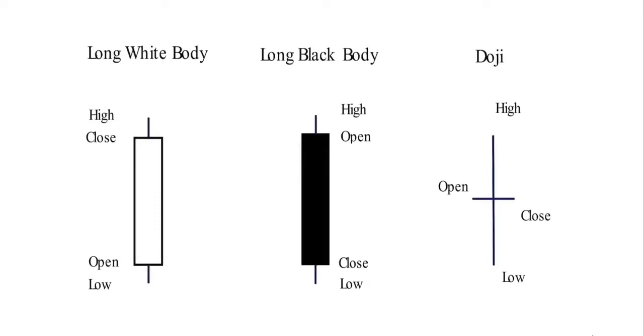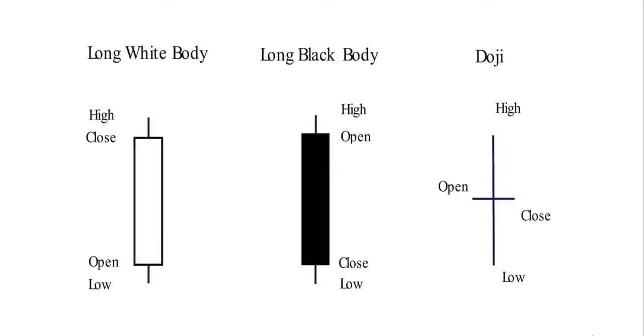Let's see how to read the candlesticks. If you can read these 3 types of candles, then you will easily read other types of candlesticks. So a candlestick represents 4 prices, open, close, high, and low, and is composed of 3 parts: body, upper shadow, and lower shadow. A candlestick is color-coded. White or green is usually used for bullish, and red or black is often used for bearish.